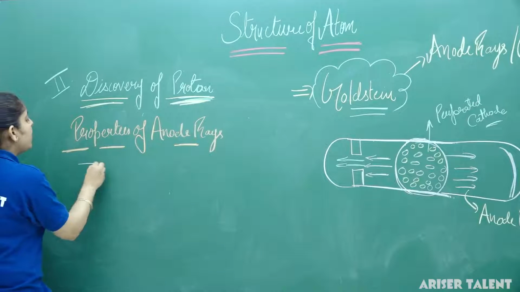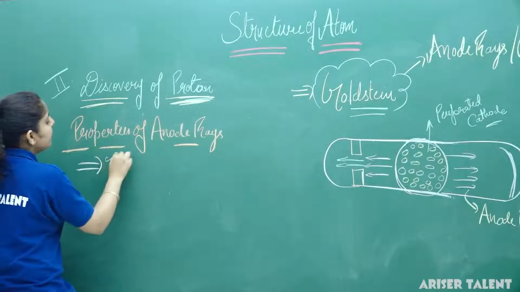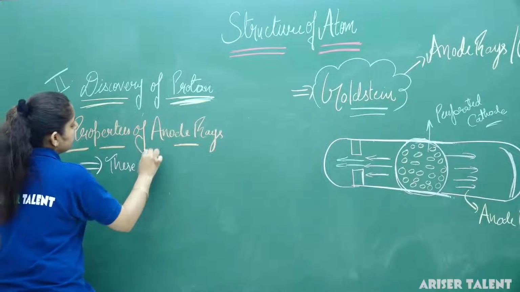The first property of the anode rays is that these rays travel in a straight line.